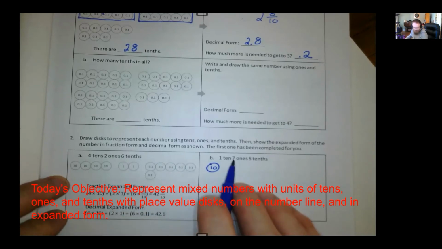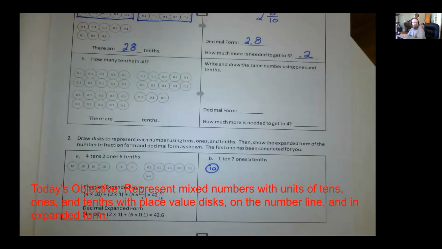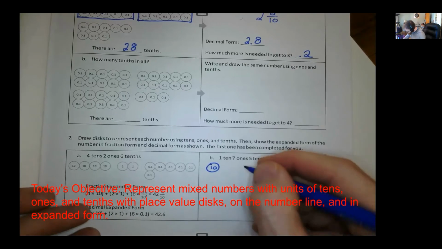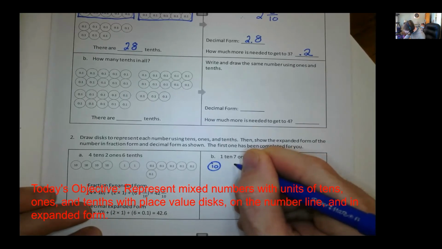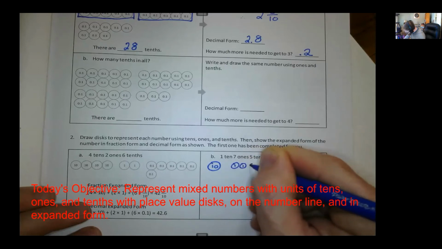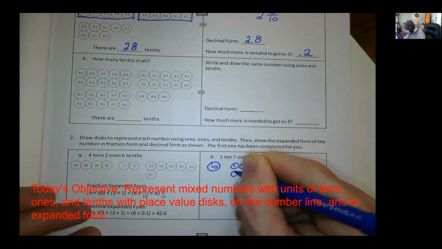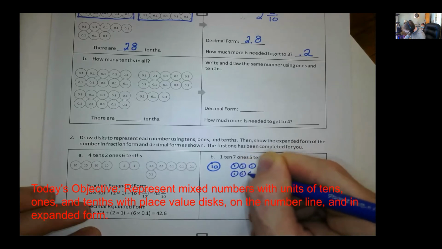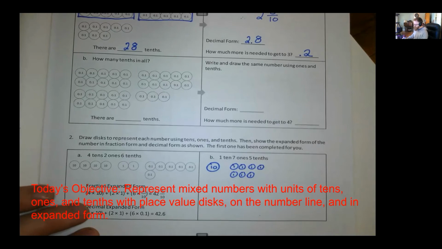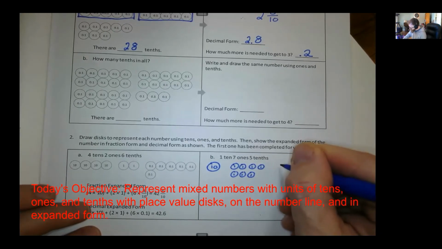In part B, we have 7 ones. Draw 7 ones. And lastly, we have 5 tenths. Draw 5 tenths.